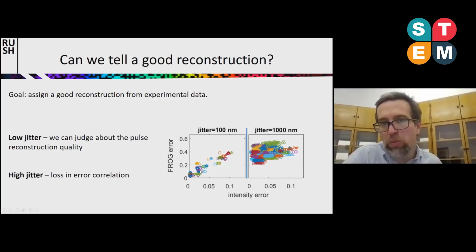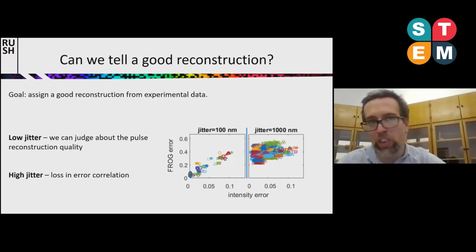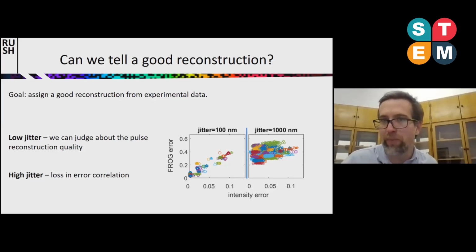And if we assume that, we see very clearly that we get a strong correlation between these two errors. Meaning, okay, if our measured FROG trace does not agree with the reconstructed one, we have a good indication that something is wrong, that our reconstruction didn't work fine. Because sometimes, you know, you do iterative reconstruction. Sometimes it could happen that your initial guess is not good and you end up in a badly reconstructed pulse, even though you have good data. Or you have cases like this. So here you see strong correlation.